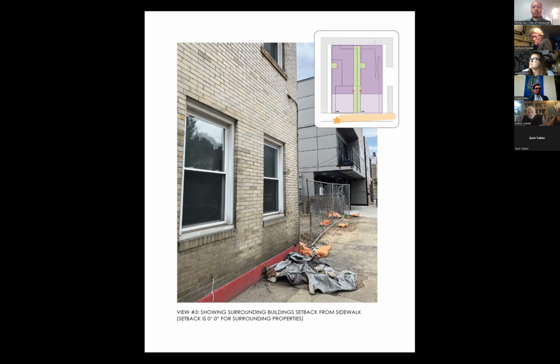We therefore have no way of knowing what the setback conditions are for the two adjacent properties or any of the surrounding properties. And keep in mind, they had the presentation that was sent to us prior to this morning. We just received your final presentation this morning, so I just wanted to mention that.